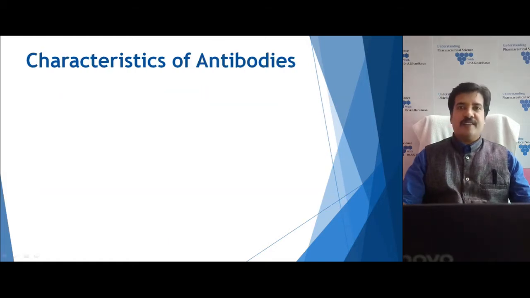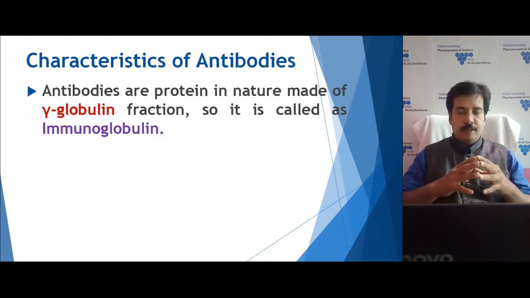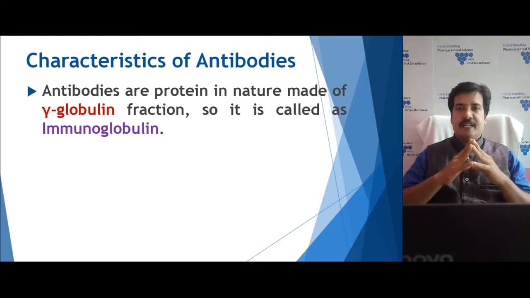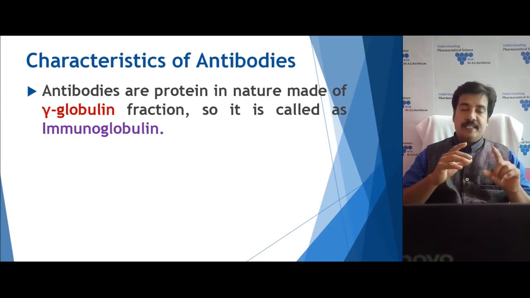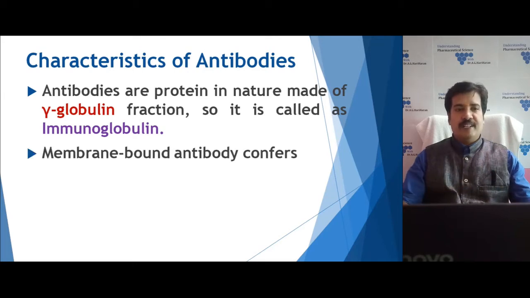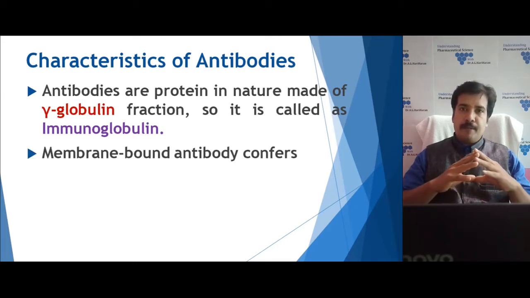If you see the characteristics of these antibodies, as I already told, they are protein in nature. It is the gamma globulin fraction present in the blood serum. Since it mediates the humoral mediated immunity, this gamma globulin we call an immunoglobulin. It is in membrane bound form as well as in free form.